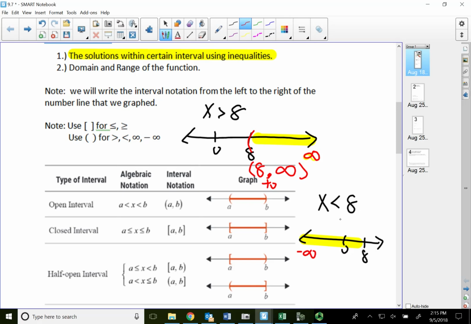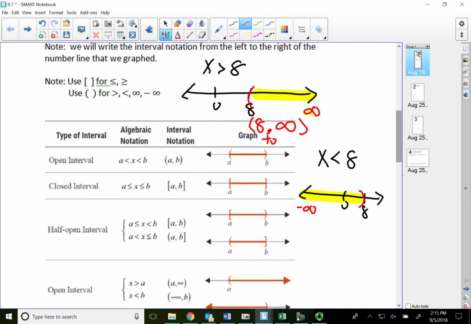Since my inequality does not have equal to, I will use parentheses. But now when I write interval notation, I have to look at this number line from left to right. Left to right means small to large. So where does my answer start? My answer starts from the small left side, which is negative infinity. Comma means to.